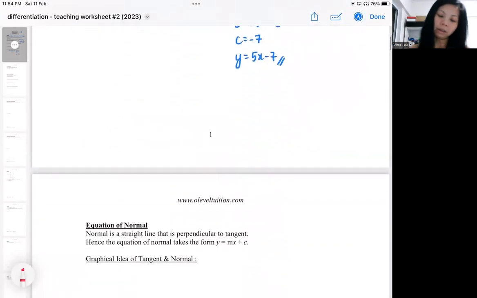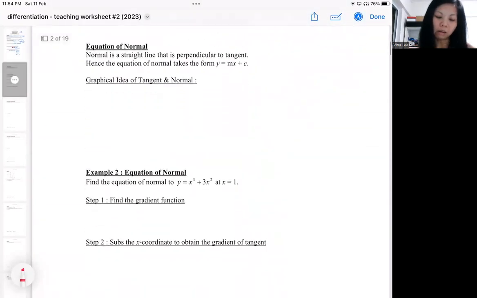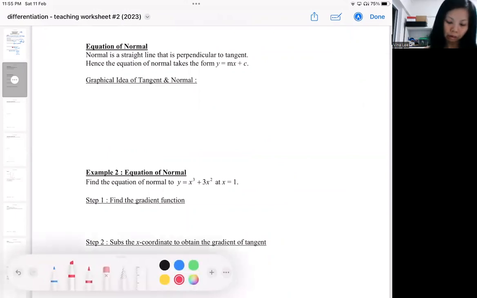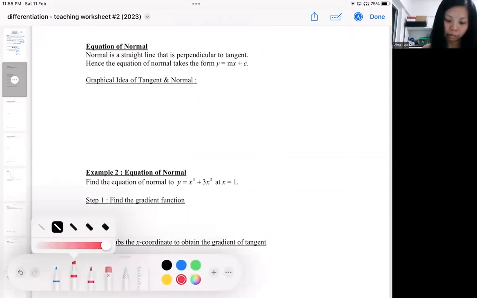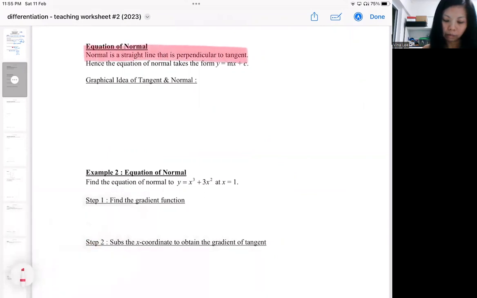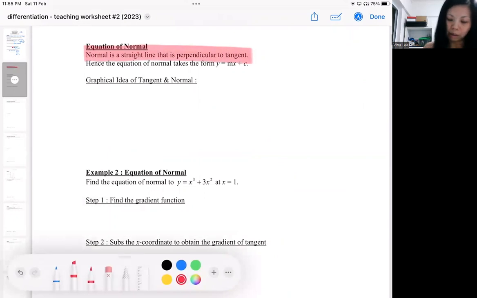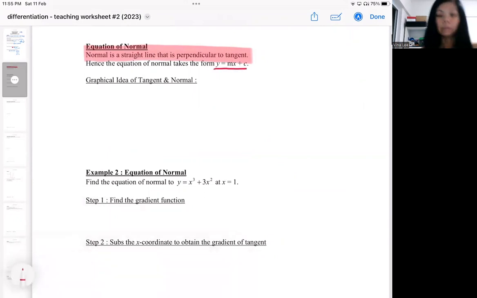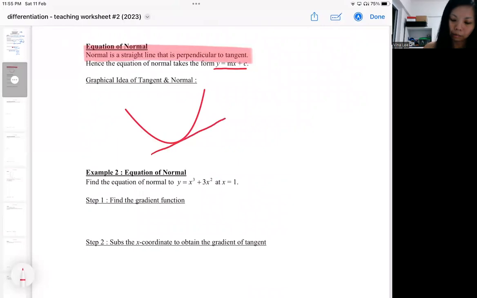In the next example, we're going to explore the idea of a normal. A normal is a straight line that is perpendicular to the tangent. So again it is a straight line, that's why it will still be mx plus c. I'm going to draw the graphical idea for you.